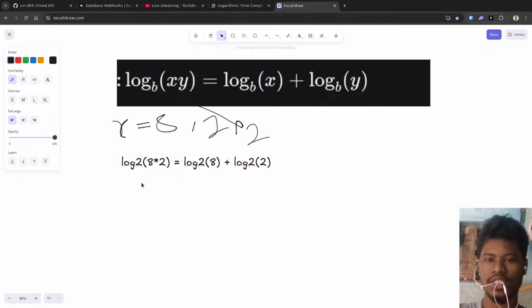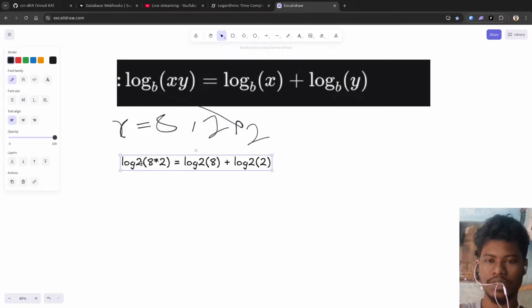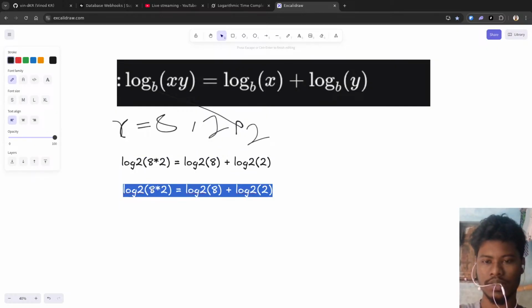Yep. So log 2 of 8 into 2, that means log 2 of 16.